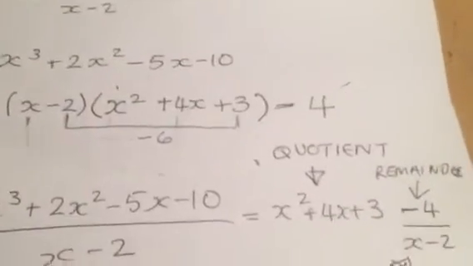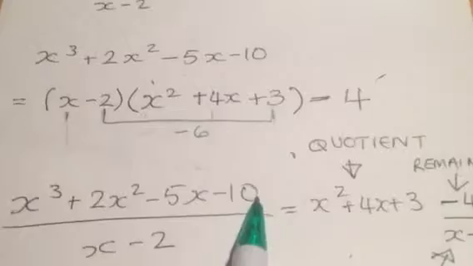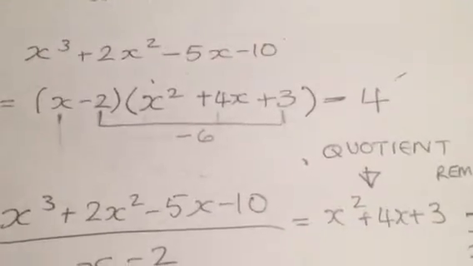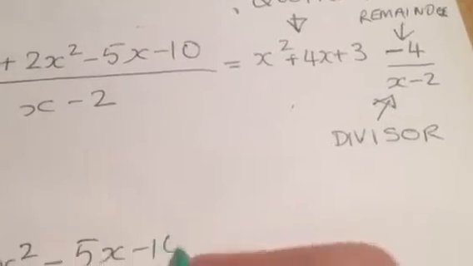When you're using algebraic division, the last line of a question quite often will say, write this as a product of linear factors. So you want to write your x cubed plus 2x squared minus 5x minus 10.